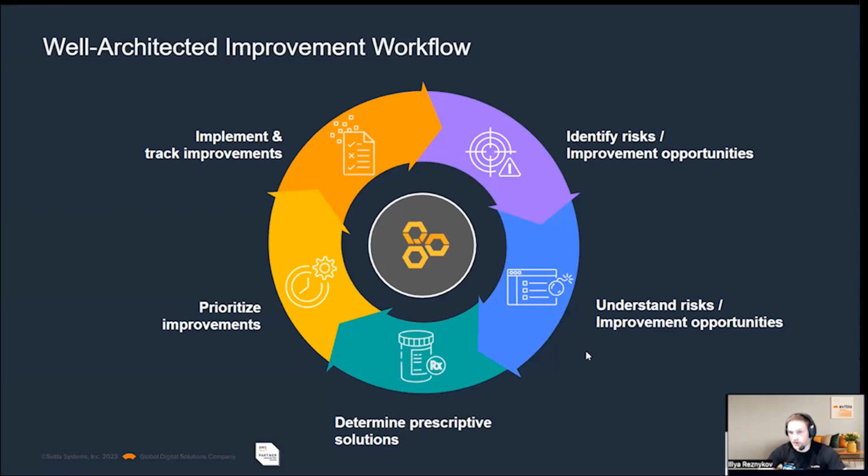Then, at the prioritizing stage, we understand risks and improvement opportunities. Then we need to determine prescriptive solutions. We need to address the issues that take the greater priority based on potential impact and the level of effort required to implement them, and eliminate as many risks as possible at the same time.